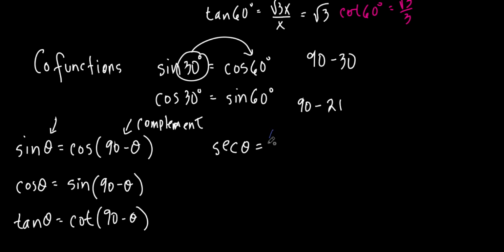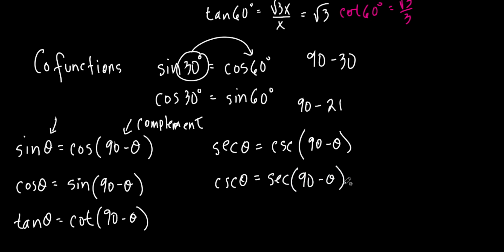What do you think that is? Whoops, forgot something. It's going to be the cosecant of what? 90 minus theta. You getting the idea? And then what if I put cosecant of theta? It's equal to the secant of its complement, which is 90 minus theta. There you go. So that's that.